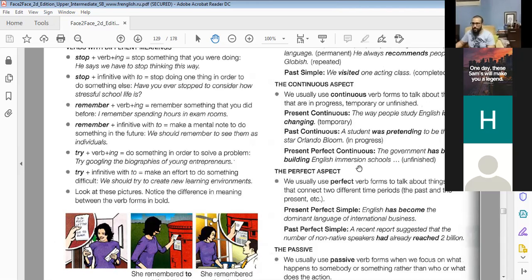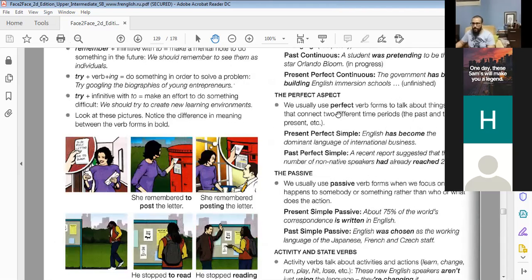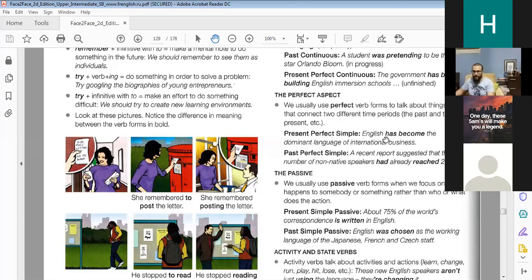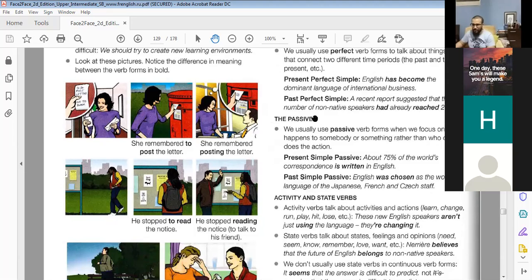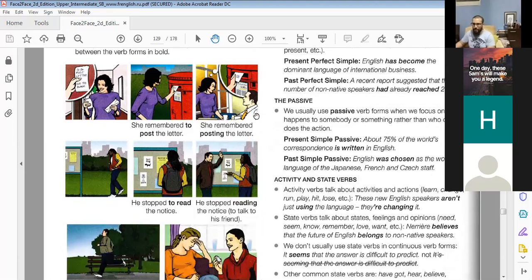Was pretending, and so on. The perfect is linking two different times, has become. So this is something that started in the past and is still going on today, connecting the past with the present. The next one, had reached, is past perfect, of course, linking two points in the past.